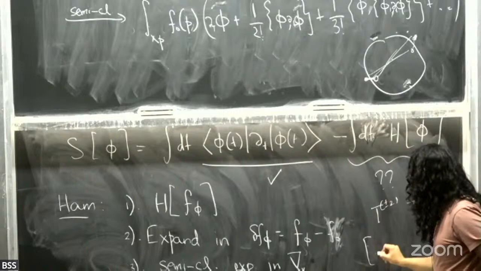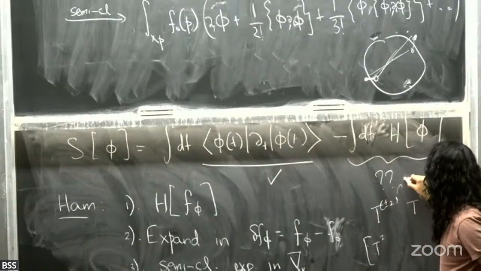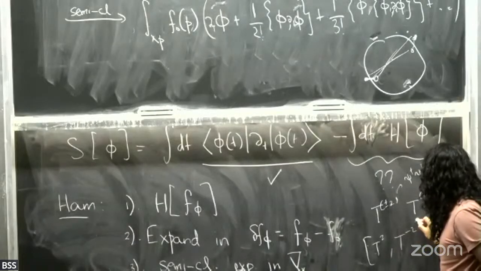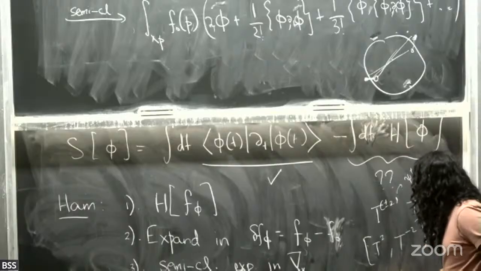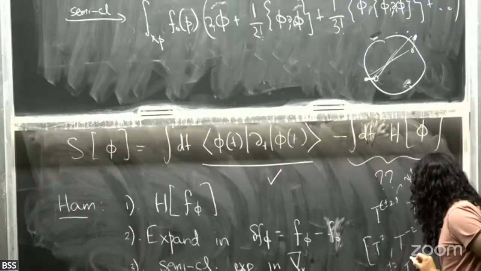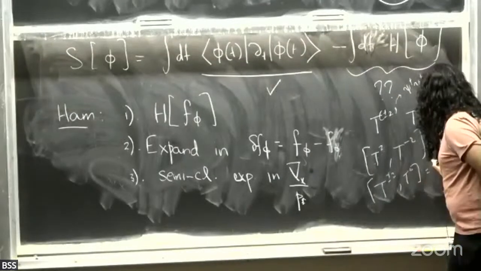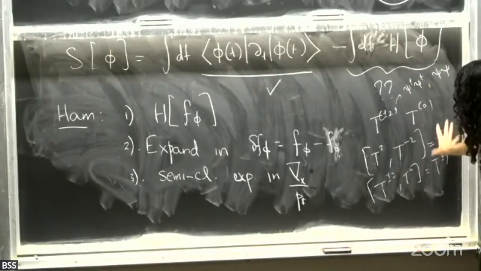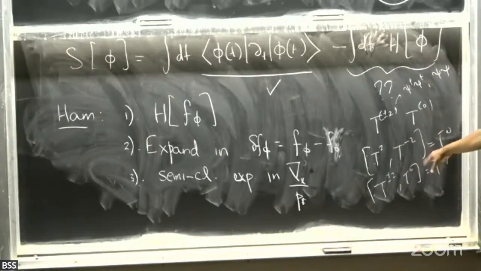These would be like psi dagger or psi. T2 comma T minus 2 would be T0, and T plus minus 2 comma T0. In terms of this particular form, it's similar to SL2R, but it's not a direct product.